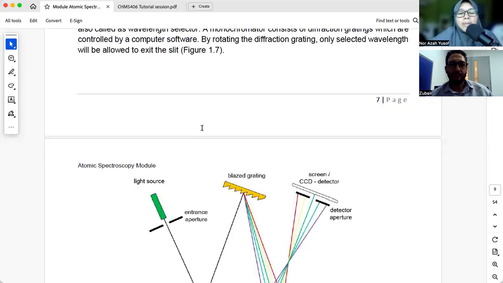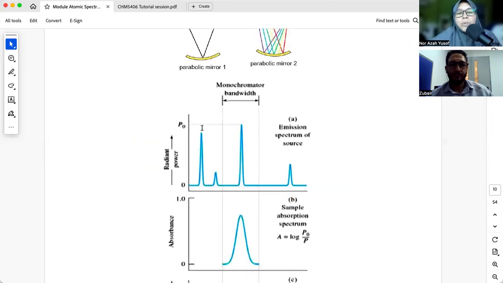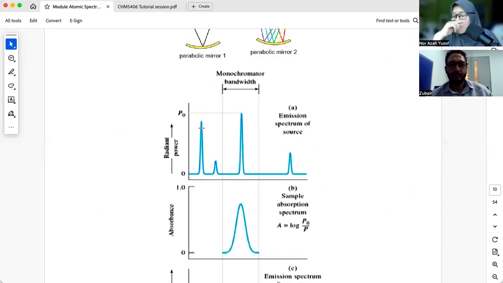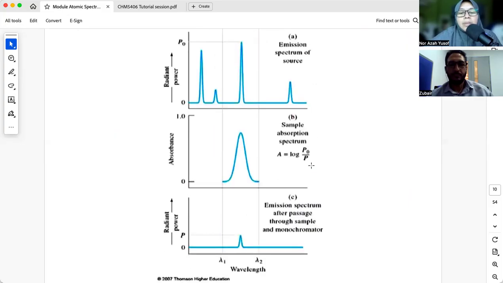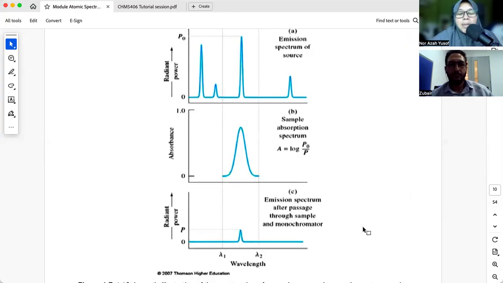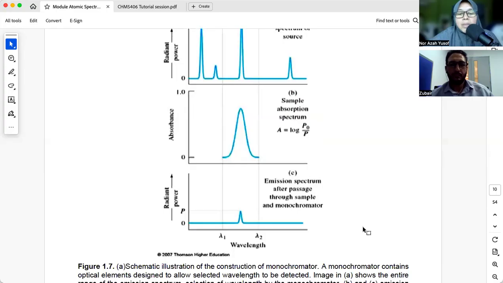The monochromator also cleans up. How does the monochromator clean up? You can see this is where the spectrum of interest is. This is the whole emission spectrum probably, and the monochromator helps to clean up. Then we focus on the spectrum of interest. So instead of having a lot to analyze, it analyzes one spectrum that is important.